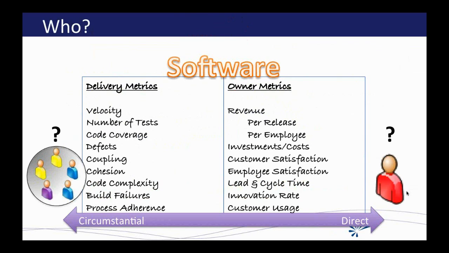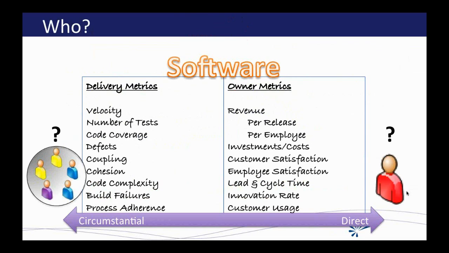So imagine they come to the team and the team goes, I don't know, but we track this stuff. We have velocity, we have code coverage, we have defects. Will that work? And the product owner might go, sure, if that's all you got, great, I'll take that. And then that gets pushed up to the different ranks, which starts this whole process of unsatisfactory metrics because we're using the wrong ones.